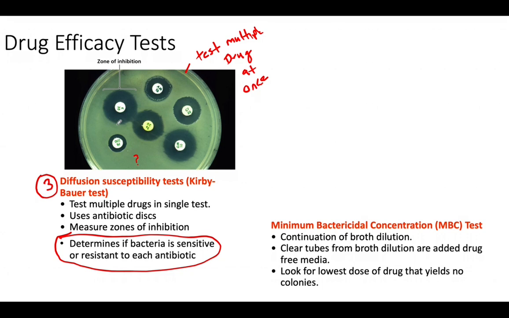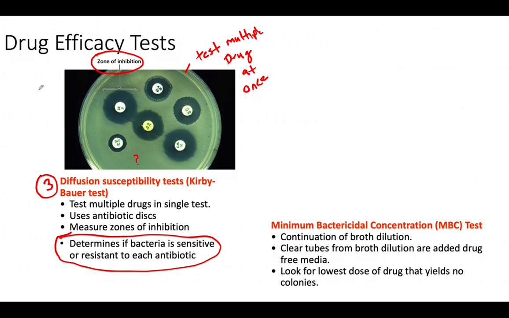And the way that you do this is you put the bacteria, so that's this creamy stuff, on the plate, and then each of these little circles represents a paper disc that has been soaked in a particular antibiotic. So TE for tetracycline, AM for ampicillin, this one's gentamicin, and so on and so forth. And so these are each different antibiotics. And what you're looking for is a zone of inhibition.